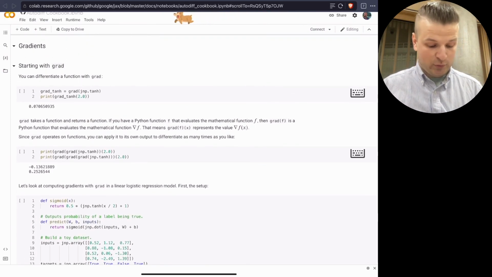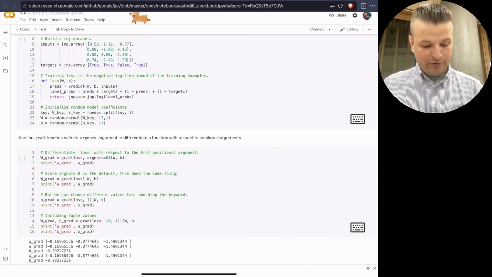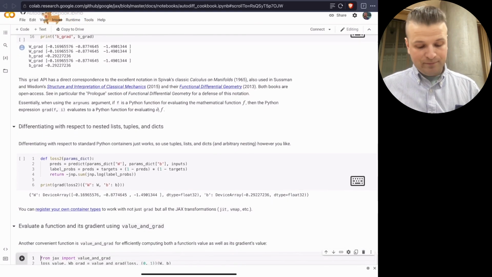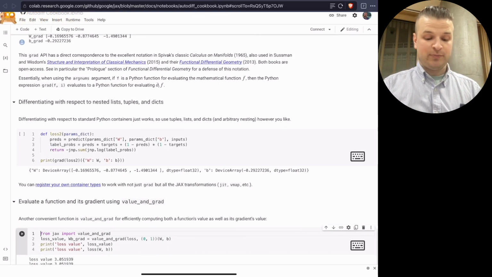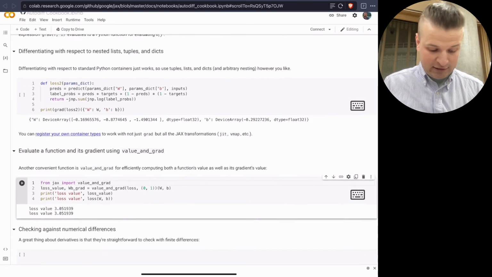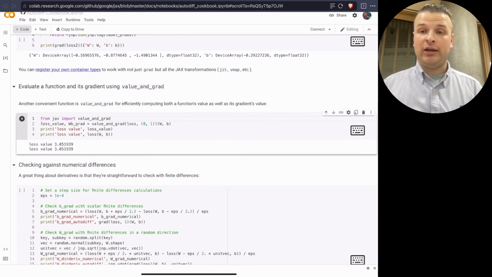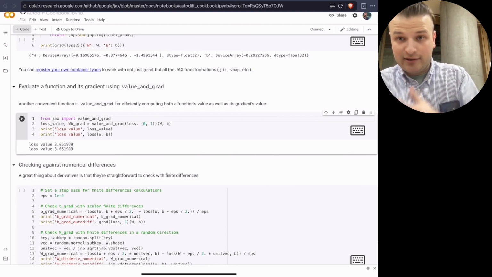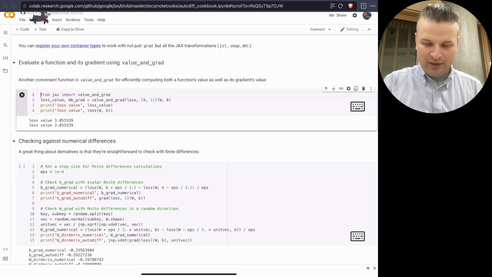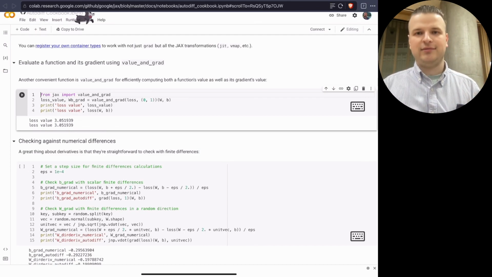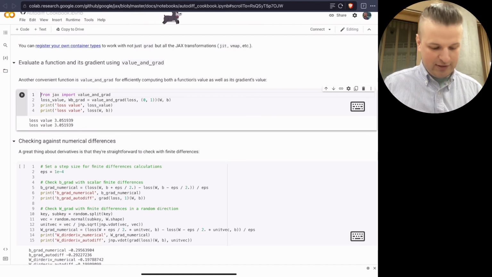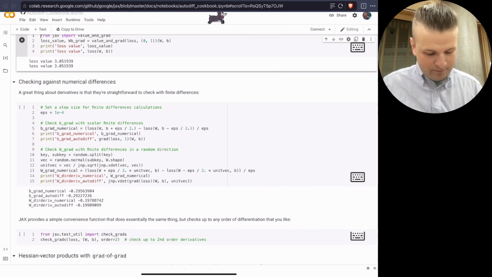That's starting with the grad function, then these examples were taken from this notebook. Then you can differentiate with respect to lists, tuples, and dicts, etc. You can evaluate the function value and gradient of this function, like forward and backward pass, instantly, but no magic happens here because it takes time.